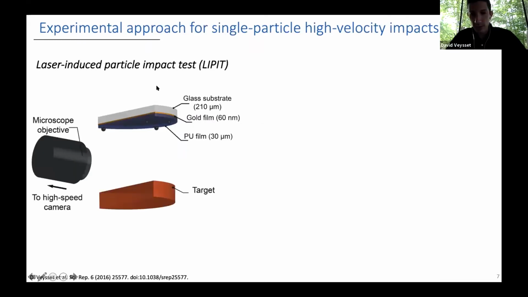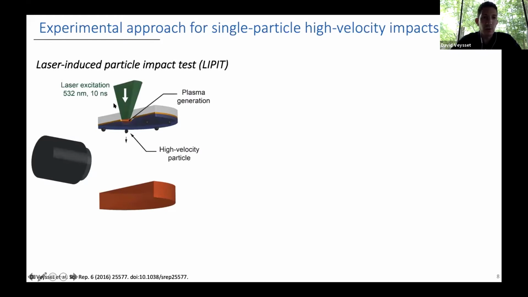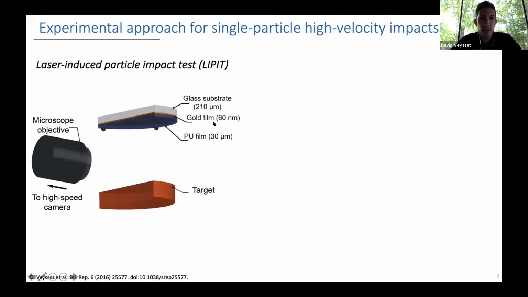It's an all-optical method for micro-impact experiments. To look at the impact in real time, we use a high-speed microscope, where we position the microscope objective to look at the impact site. Now we use a laser pulse to generate a plasma. The laser is absorbed in this thin metallic layer.